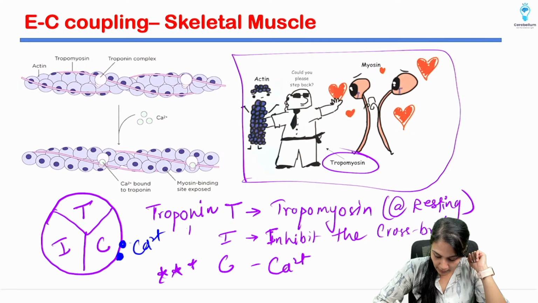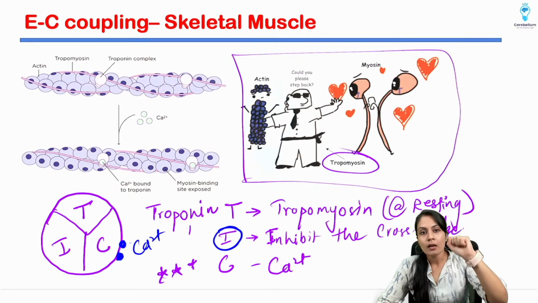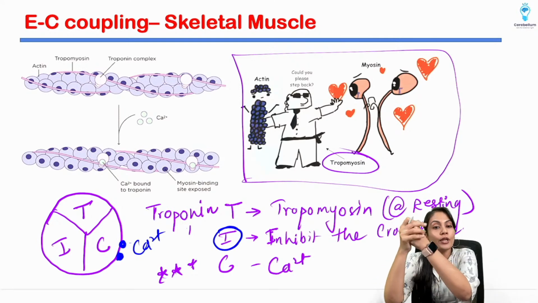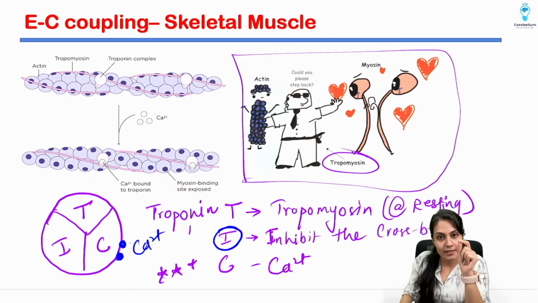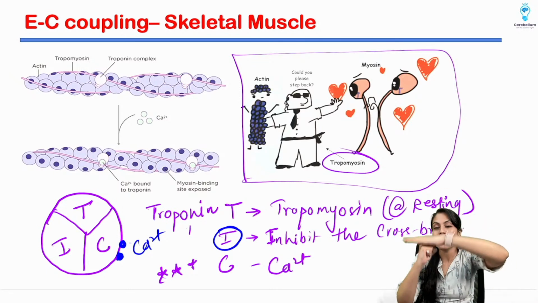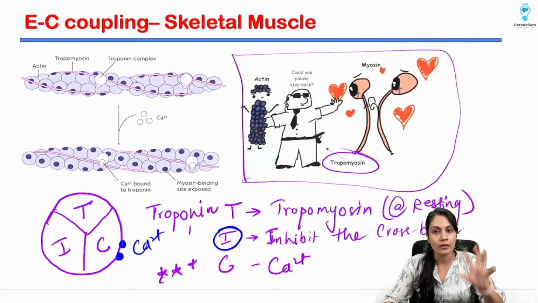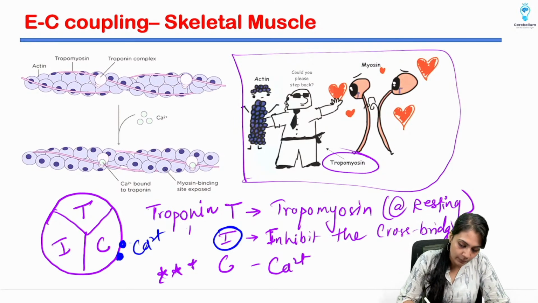This troponin I will be inactivated, and this troponin T, since it has the connection with the tropomyosin, is going to move that tropomyosin away from the active site of actin. There are specific sites where the myosin is going to bind to the actin. Okay, it cannot just bind anywhere in that globular molecule. It has to bind to that specific site, which is covered by this pink filament you can see over here.